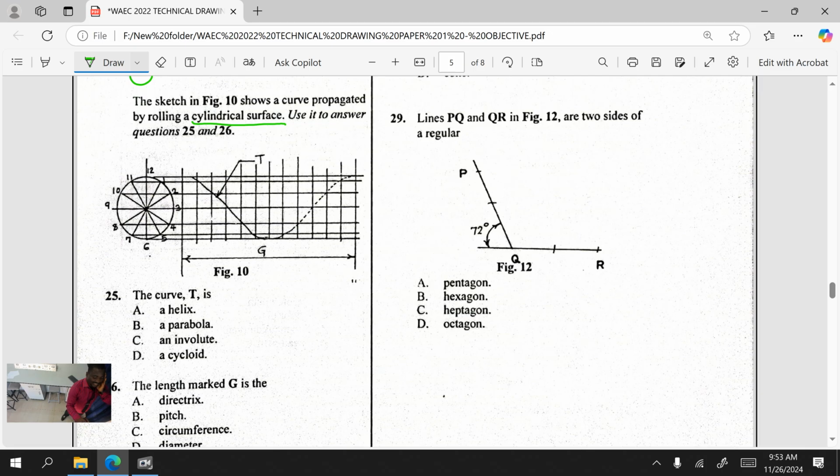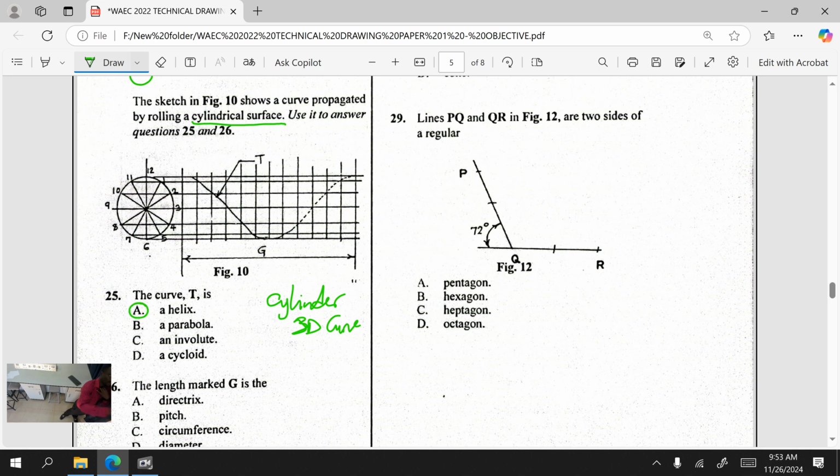A cylinder is a 3D shape. So when it is rolling, it's going to form a three-dimensional curve. So even without looking at the drawing, you should be able to answer this question. They said the curve formed is what?